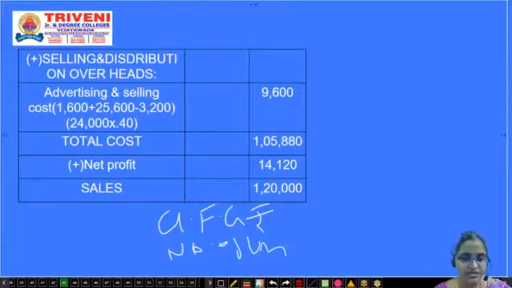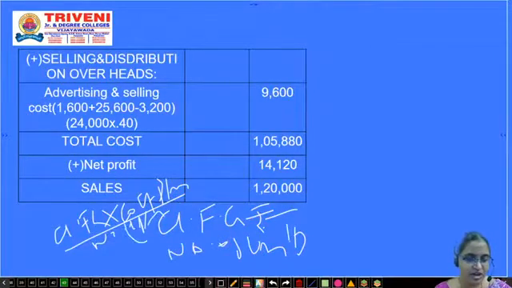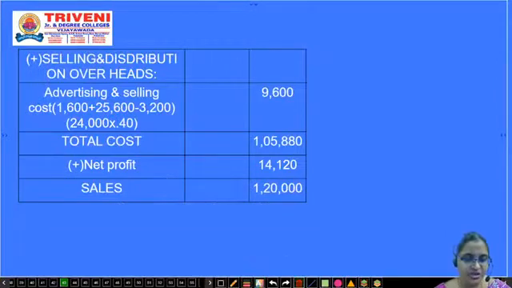The closing finished goods was calculated with the help of the formula closing finished goods into cost of production divided by number of units produced. With the help of this formula you find out the closing finished goods in rupees. Next, number of units sold was not given.